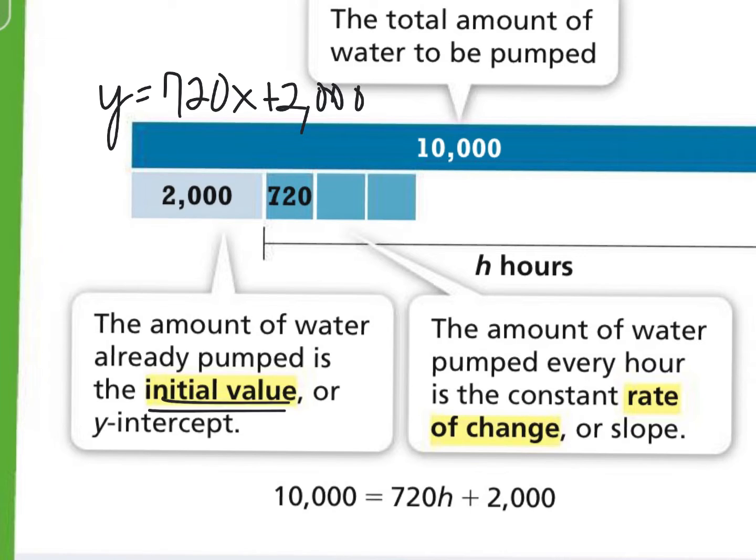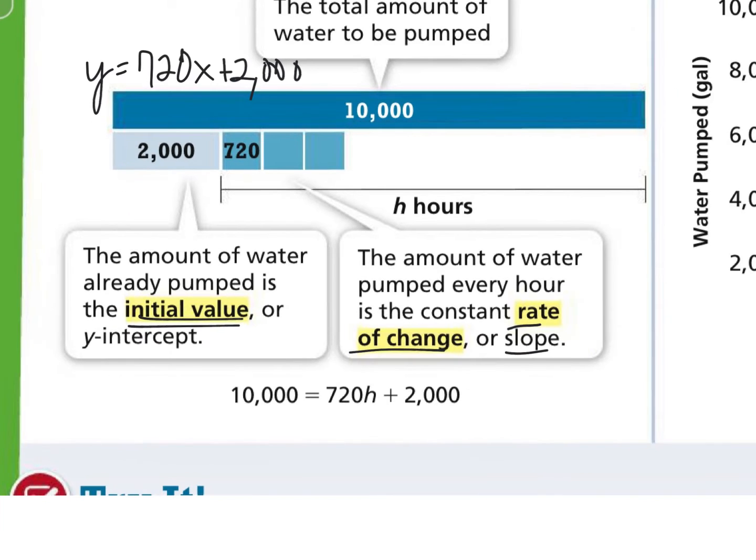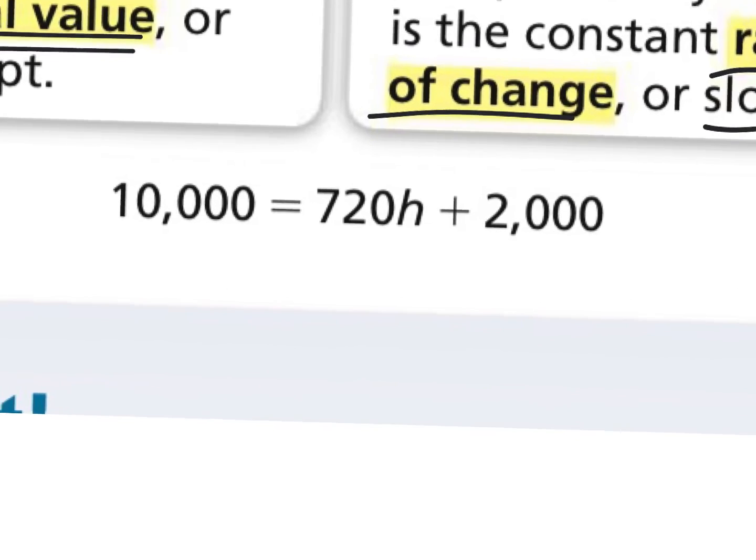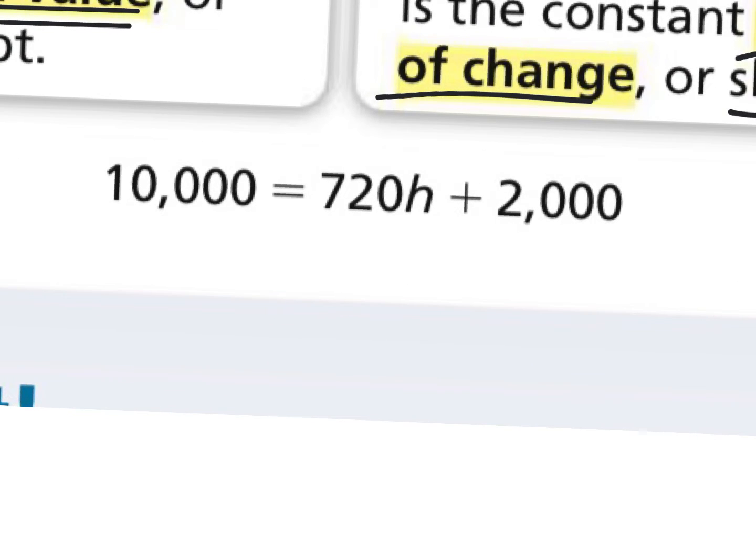That's our initial value, how much was already pumped into this tanker. And the 720 times x is how much is being pumped an hour, so that's a rate of change or slope. So this would be the equation if we were going to solve to figure out how long it would take to pump the water.